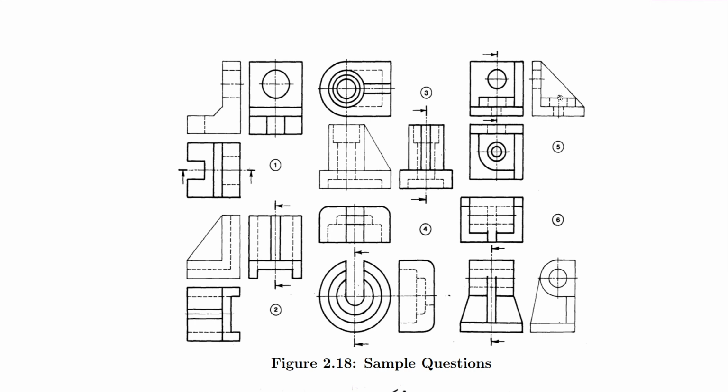So for the sectional end view, basically we are going to draw the end view, and then you hatch where you are supposed to hatch and where you are not supposed to, and reveal the features you have to reveal. Then we also draw item 6. The 6 here, we are dealing with this in third angle projection. The cutting plane is on the front view, so we are going to draw the sectional end view.